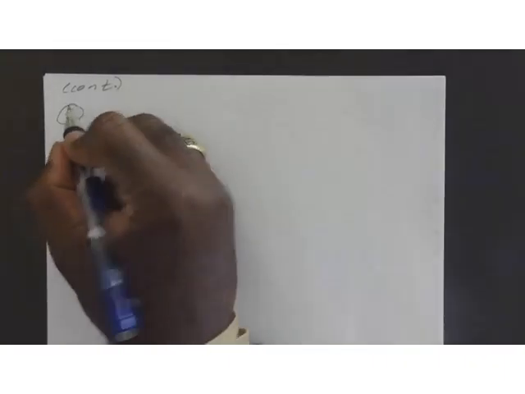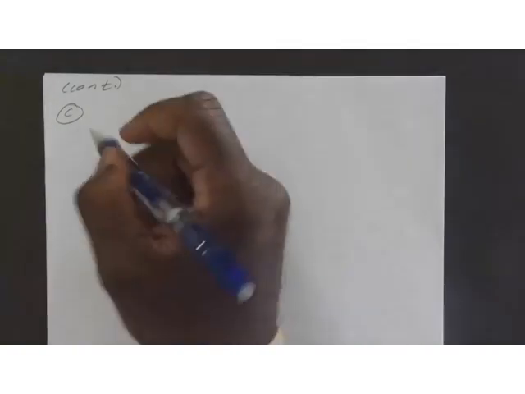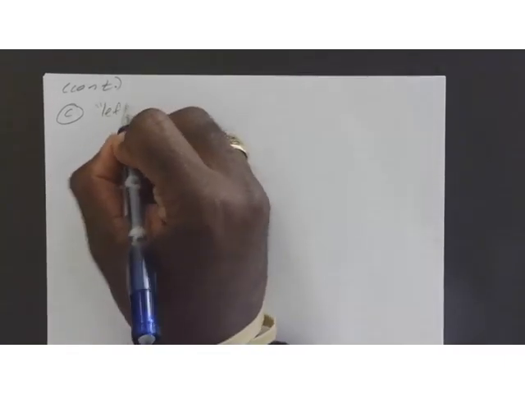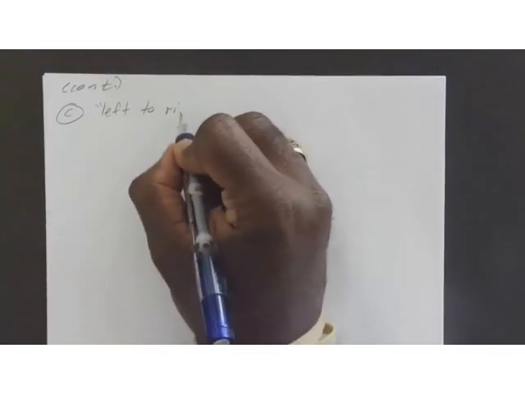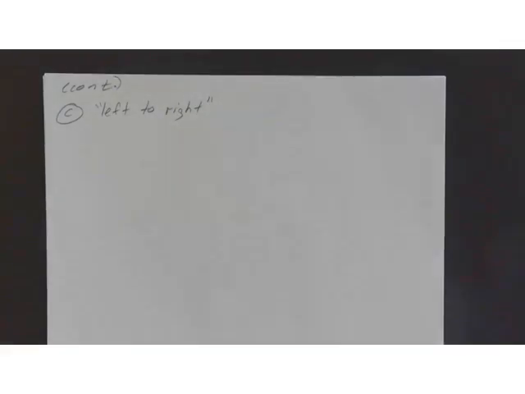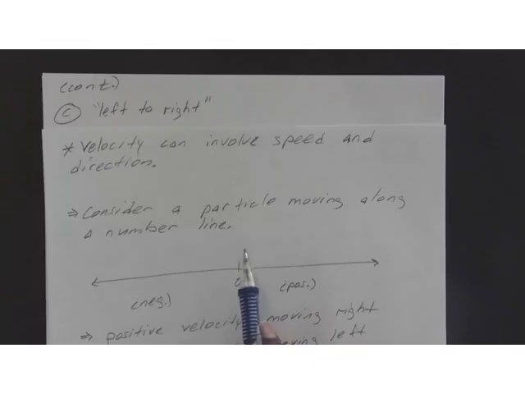Okay, so for C, we want to know when the particle is moving left to right and right to left. What intervals? Okay, so we know that if it's going in the left to right direction, it's moving in the positive direction.